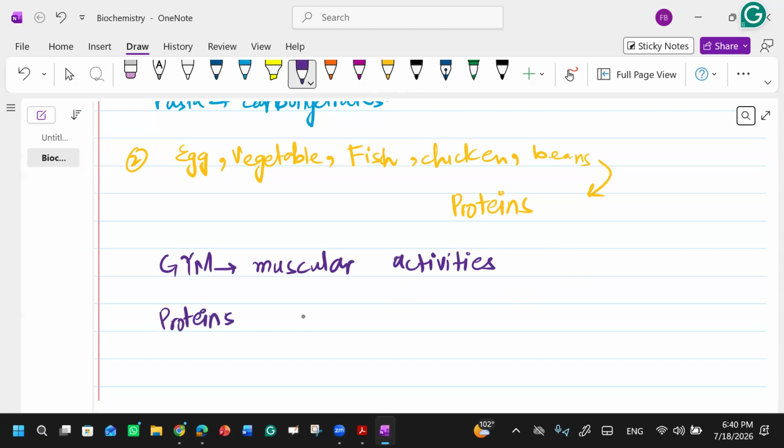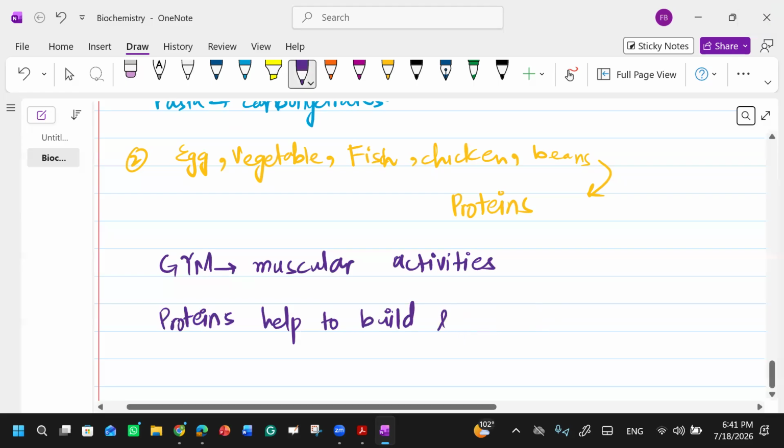It's called, they help your body to build and repair your muscles. Proteins help to build body parts and repair your muscles.